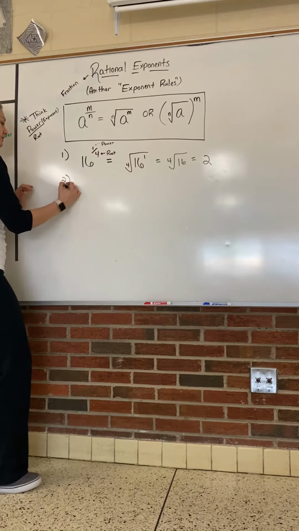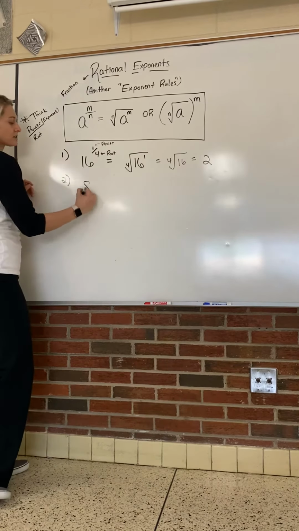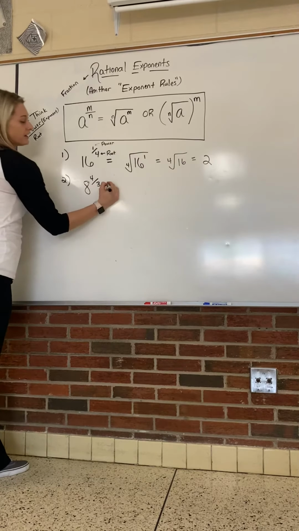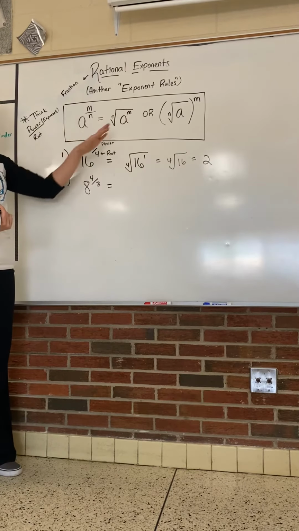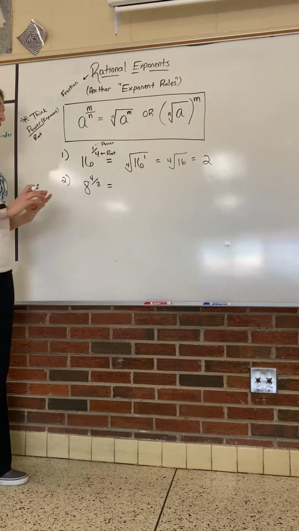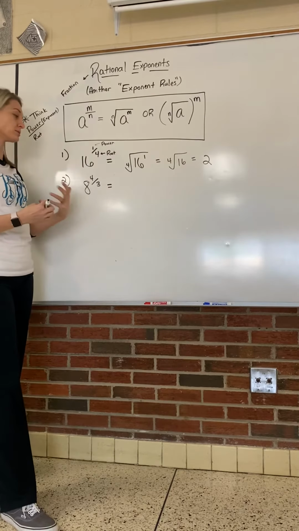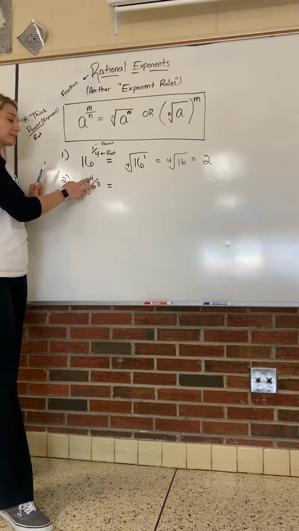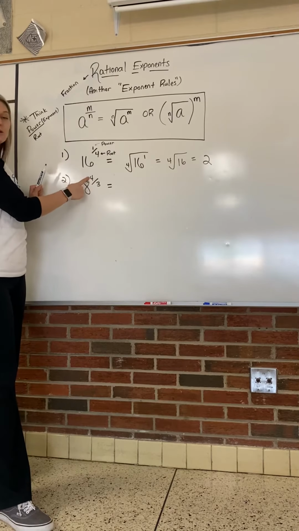Okay, let's do another example. Let's say that we have 8 to the 4/3 power. I've talked to you about how to rewrite it, but some people need something to memorize things with, so I have this silly little story that I came up with that helps me remember it. I think of the fractions as people, and the bottom number is holding the top number up.